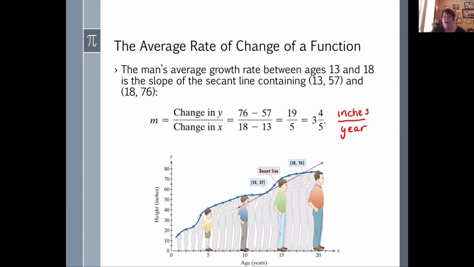Obviously, from the graph, some years he grew more than 3 4/5 inches, and in other years he grew less than 3 4/5 inches. But on average, from the ages of 13 to 18, he grew 3 4/5 inch per year. So it's an average rate of change, not an exact rate of change.